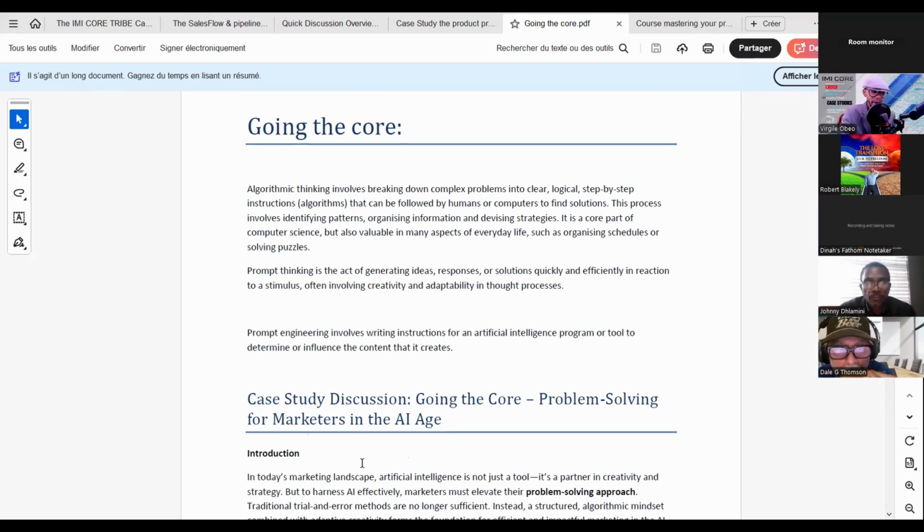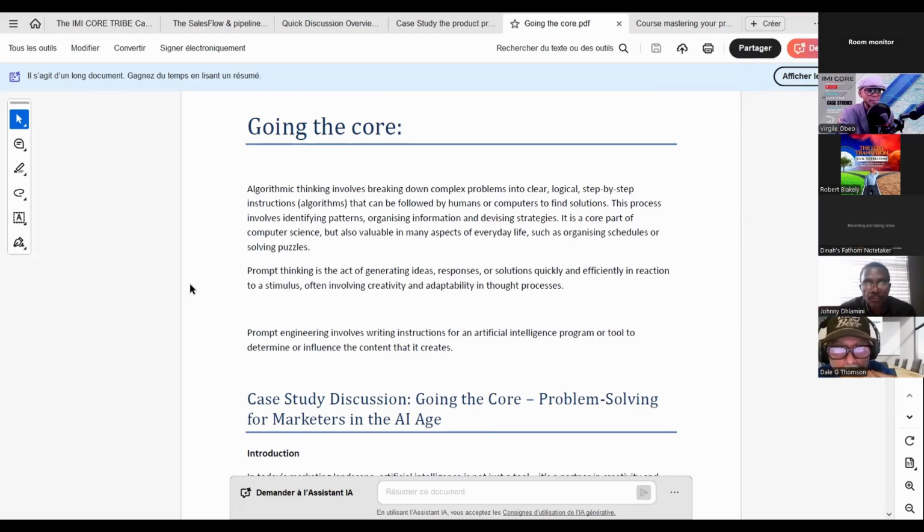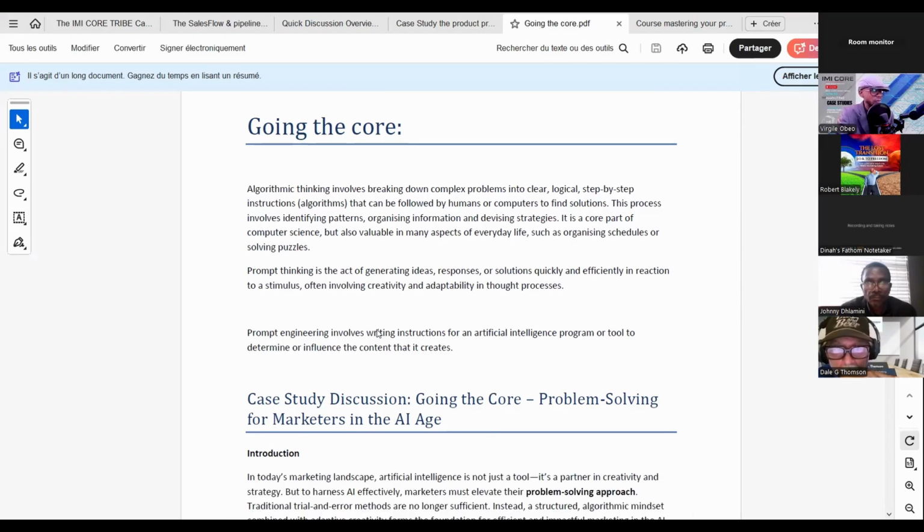In simple form, it means the same thing: breaking down a problem so that we can address it step by step. Same thing when you are doing prompt engineering.